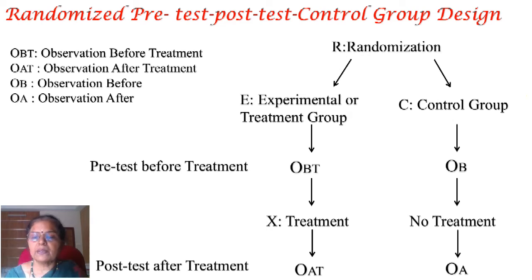Say after a month, another test, which is called the post-test or the after test, in vocabulary is conducted for both the groups of students. The test marks are observed.